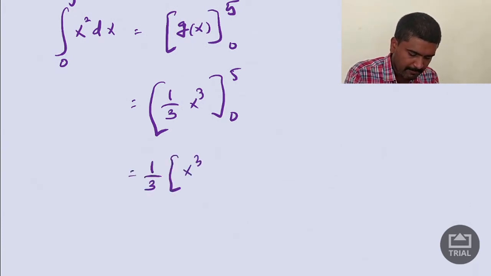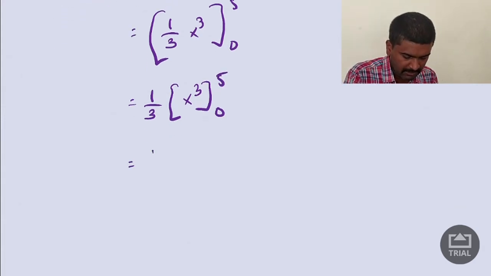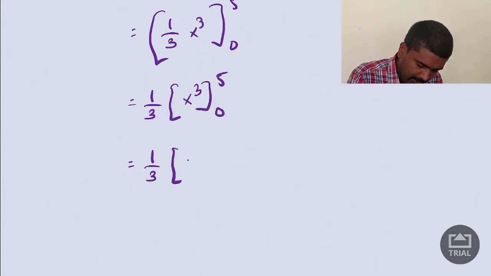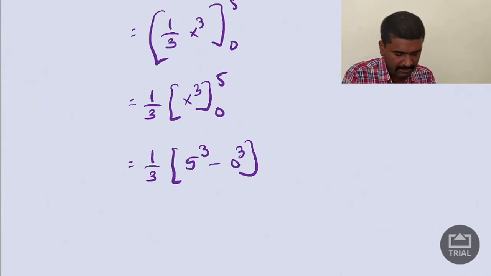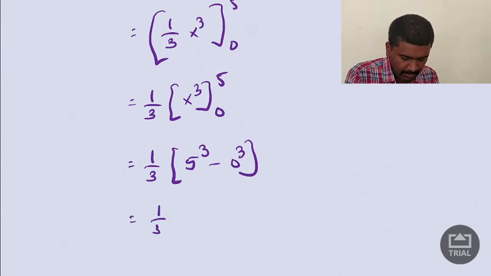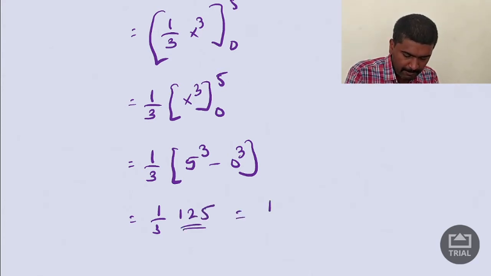Then x power 3, with boundary conditions 0 and 5. When you apply boundary conditions, you write 5 power 3 minus 0 power 3. Then 5 power 3 is 125, minus 0, so you get 125. So here the answer is 125 by 3.